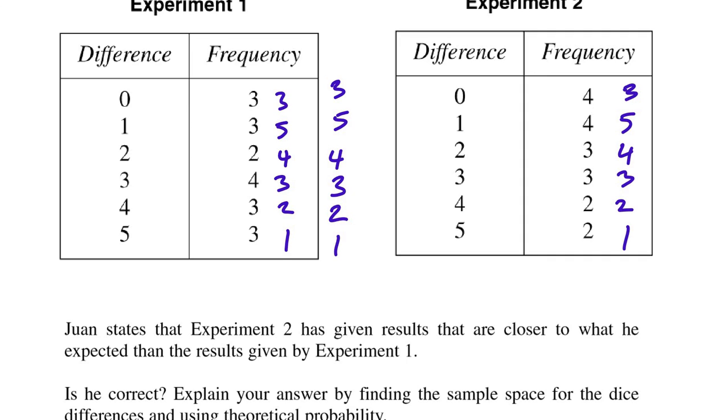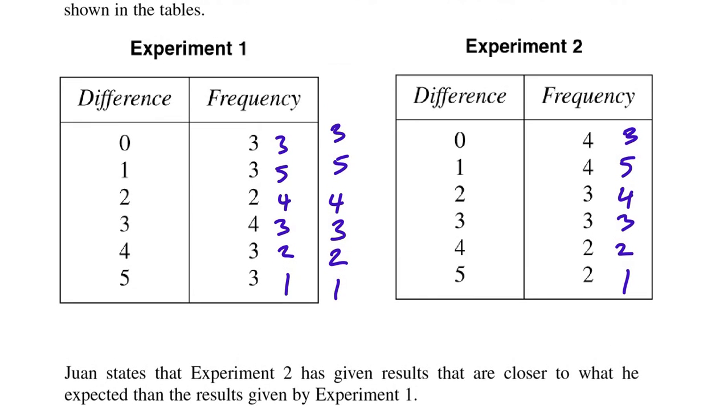So which one is right? Which one is closer to the theoretical probability, which is the frequency here? 4 gives me 3, 4 is 3, 5 is 4, 3 is 4, 3 is 3, 2 is 2, 1. Whereas this one, experiment 1, 3, 3, 5, 2, 3, 5, 2, 4, 3, 2.